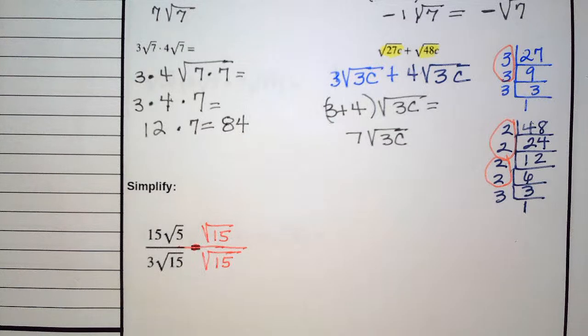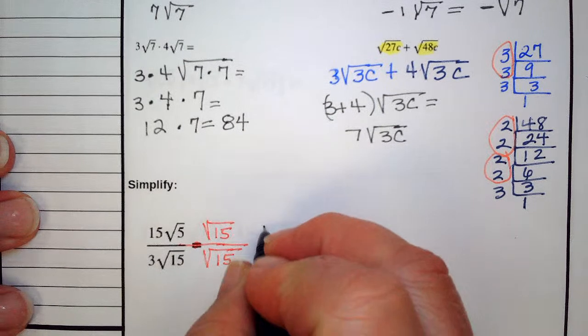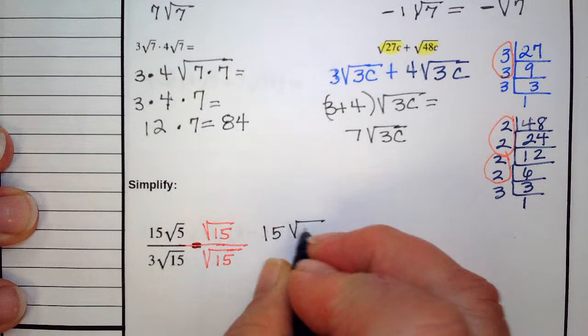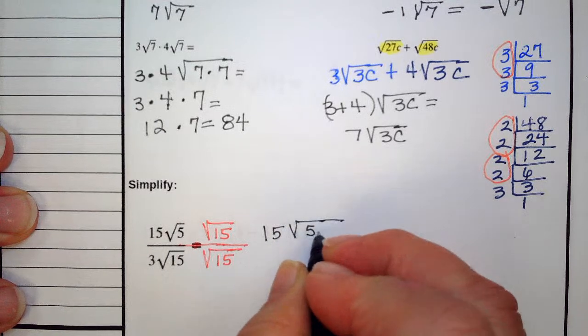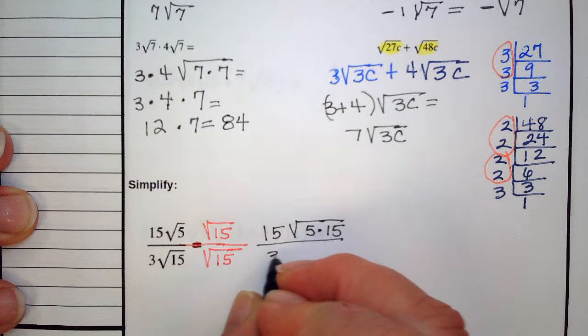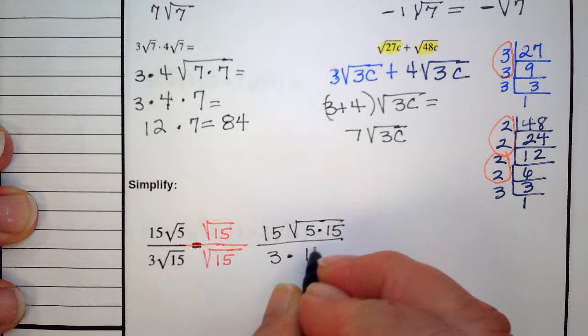So this becomes square root of 15 times square root of 5 times 15 over 3 times 15.